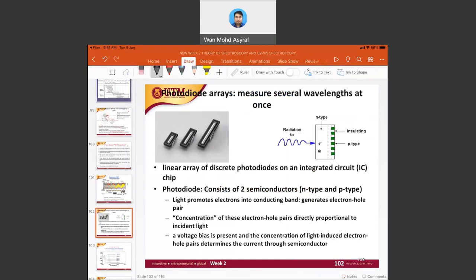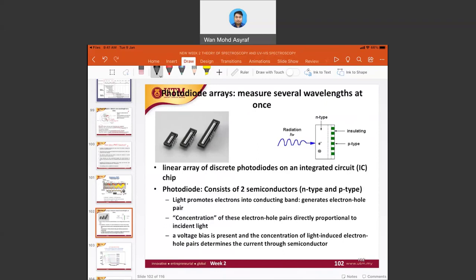This measures several wavelengths at once. The photodiode consists of two semiconductors, the N type and the P type. The light promotes an electron into the conducting band, which generates an electron hole pair. The concentration of electron hole pairs is directly proportional to the incident light.